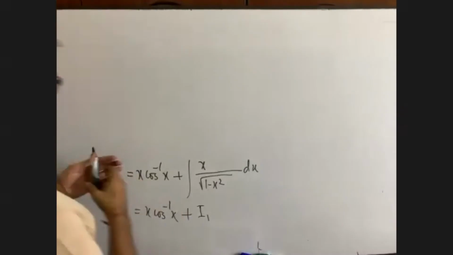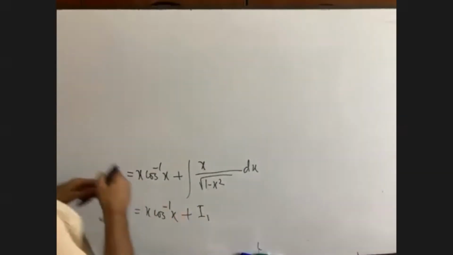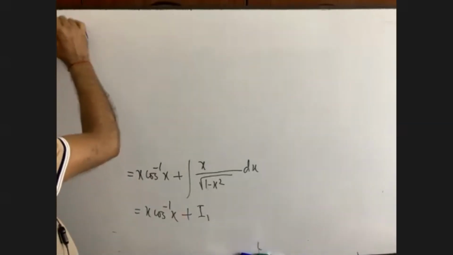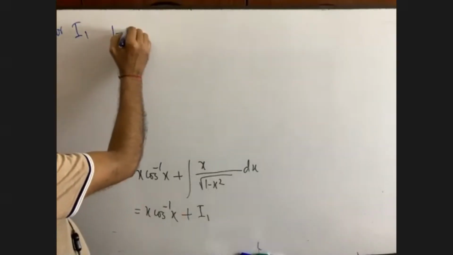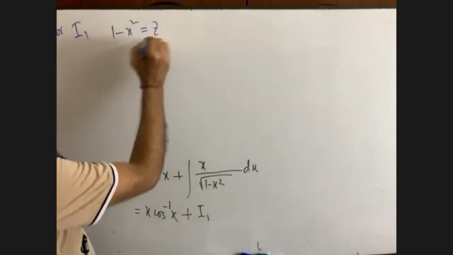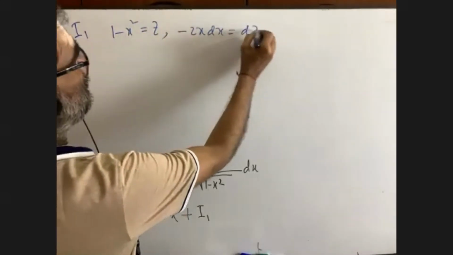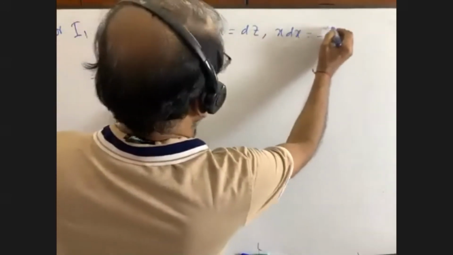Now for I1, let root 1 minus x square equal to z. Minus 2x dx equals to dz, then x dx equals to minus half dz.